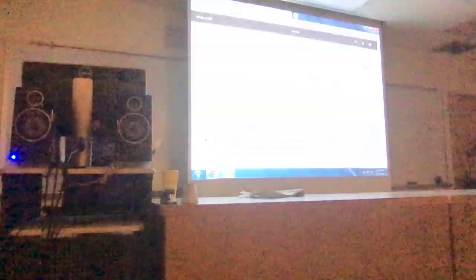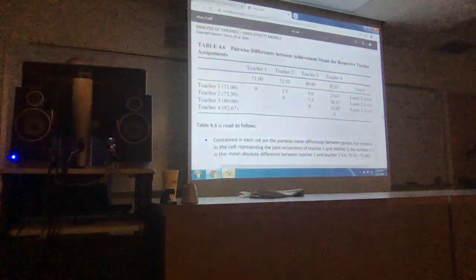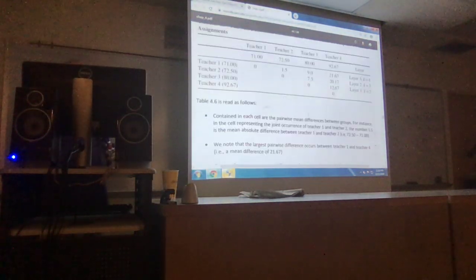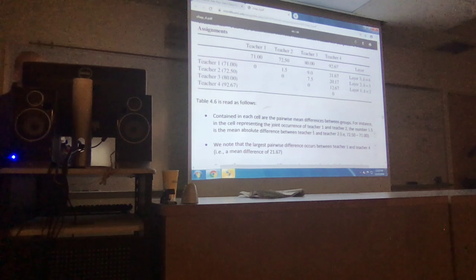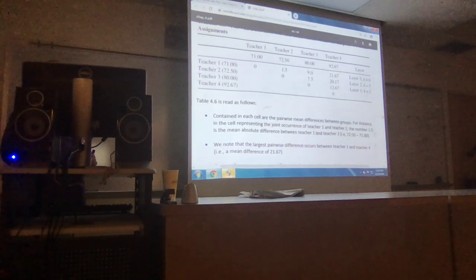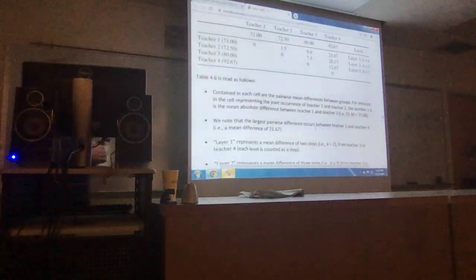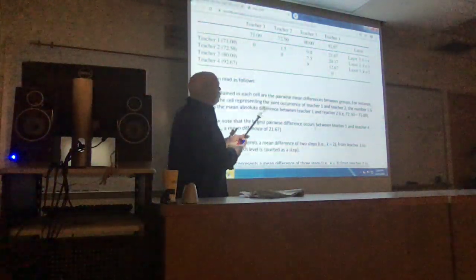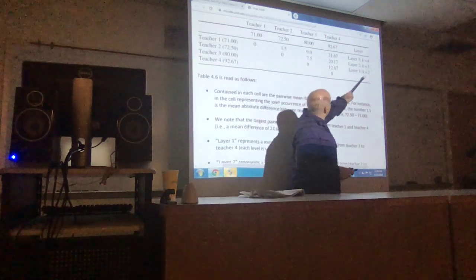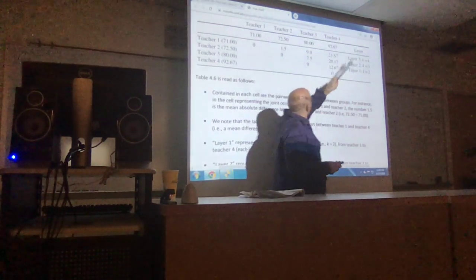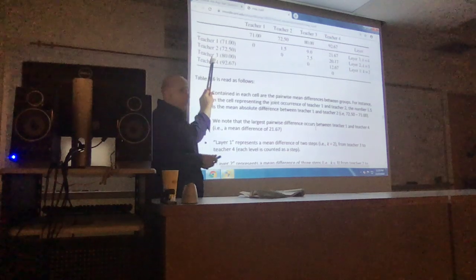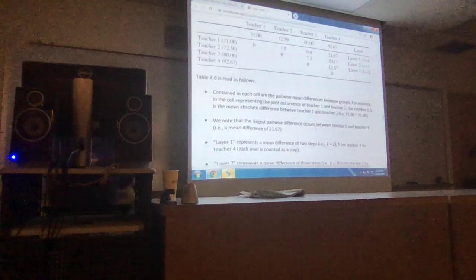Okay. So we say that contained in each of the cells are pairwise mean differences. We've talked about that. We've got the largest pairwise difference. And then layer 1 represents a mean difference of 2 steps. So for layer 1, k equals 2, teacher 4 to 3 is considered a 2-step difference.